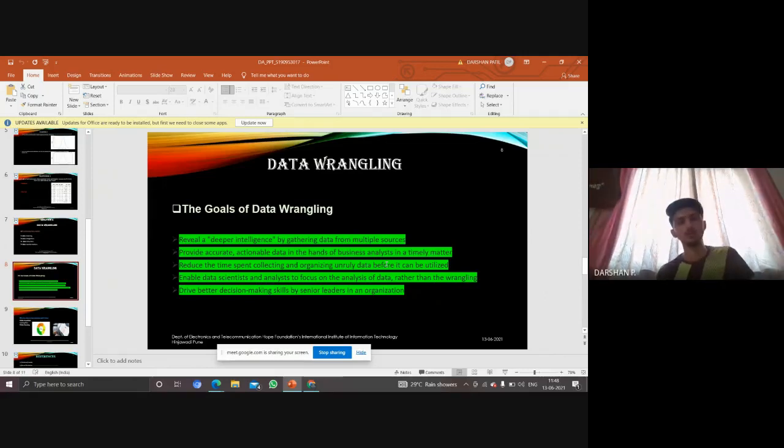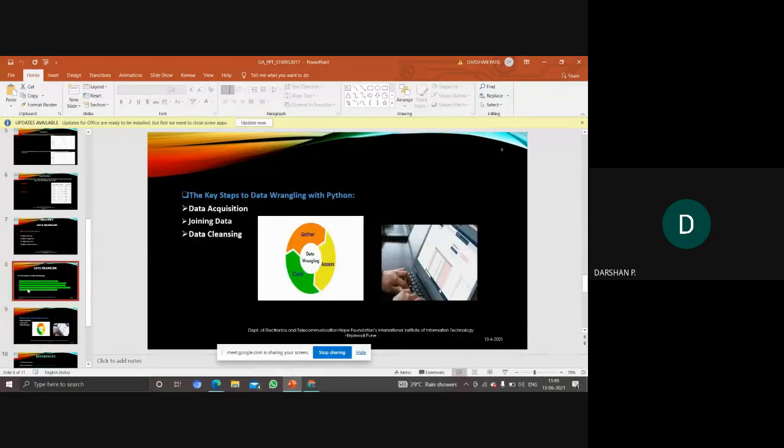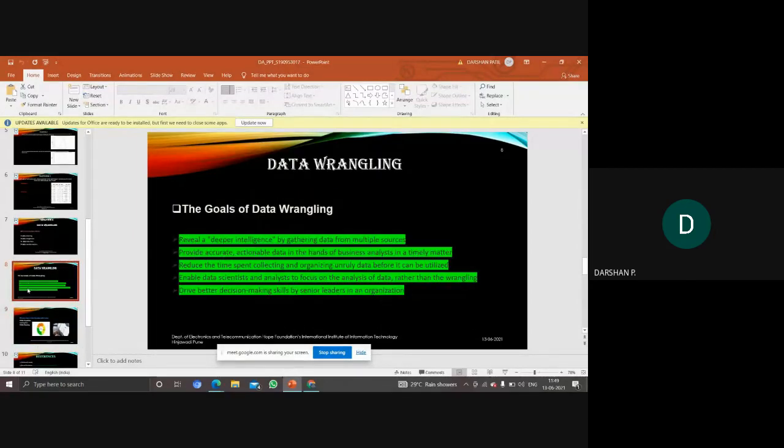The goals enable data scientists and analysts to focus on the analysis of data rather than the wrangling. Also, they can drive better decision making by senior leaders in the organization.